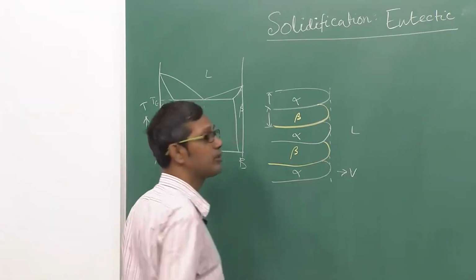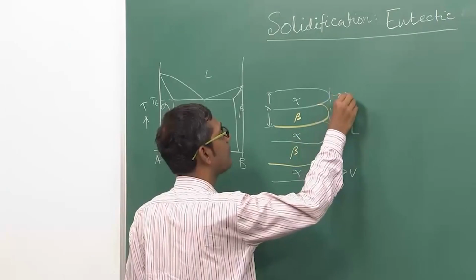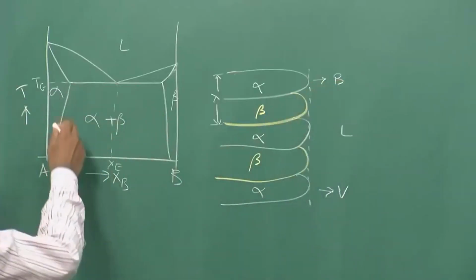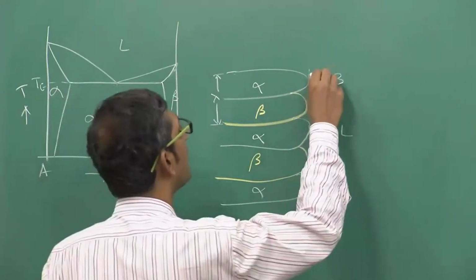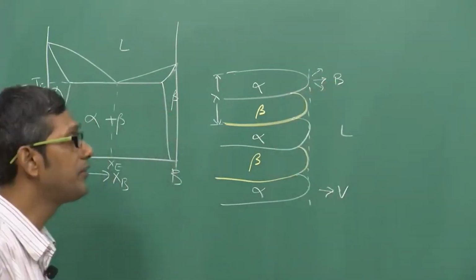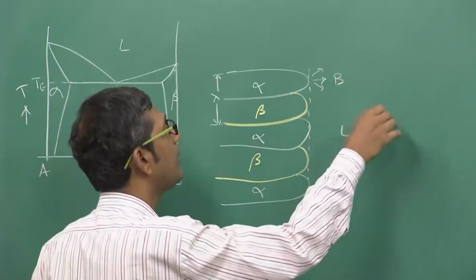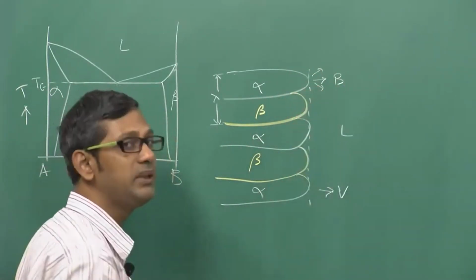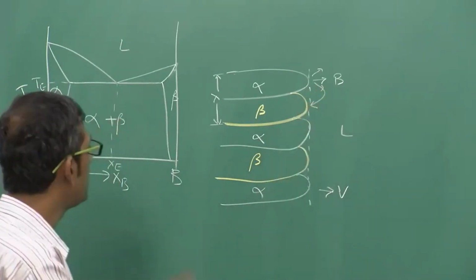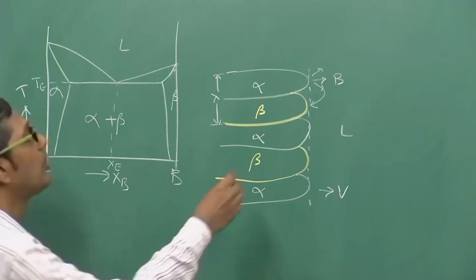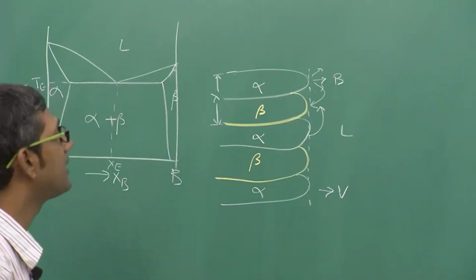So here, as you have seen properly in the earlier lecture, the alpha growth requires rejection of B, because alpha is A rich, as you see in the phase diagram. So this B which is ejected by alpha must diffuse away from the front of the alpha into the liquid, or basically the B which is rejected by alpha will be required for the growth of beta, because beta is rich in B. So similarly beta growth requires rejection of A. Why?